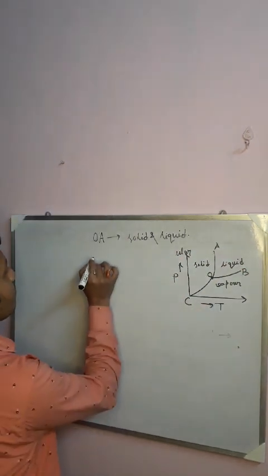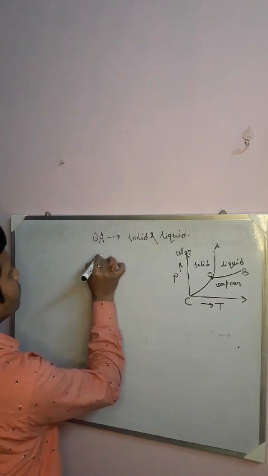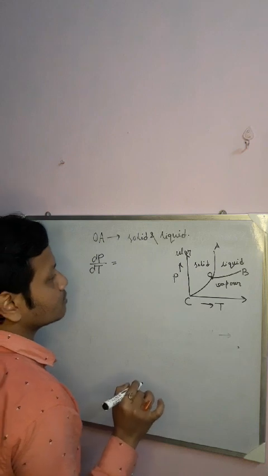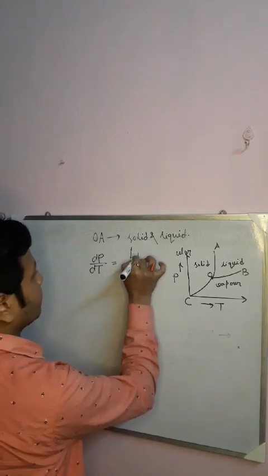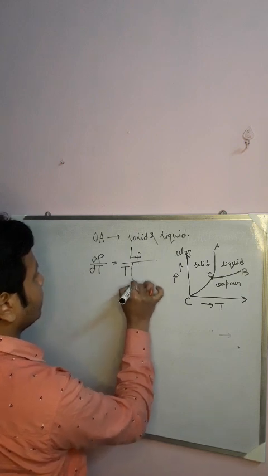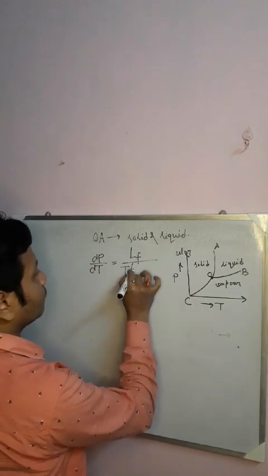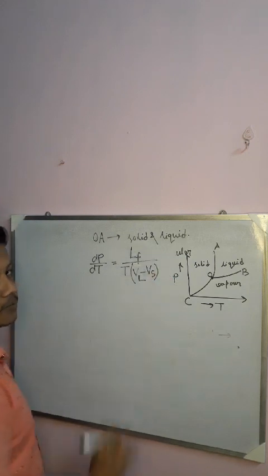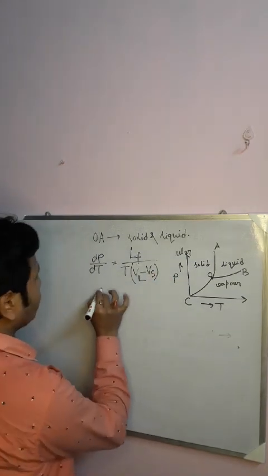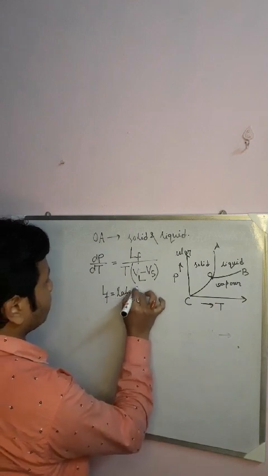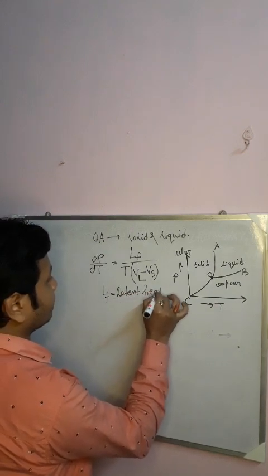And what will be the Clausius-Clapeyron equation in this case? We can write it as dP/dT equals LF, the latent heat of fusion, divided by T into (VL minus VS), the volume of liquid minus the volume of solid, where LF represents the latent heat of fusion.